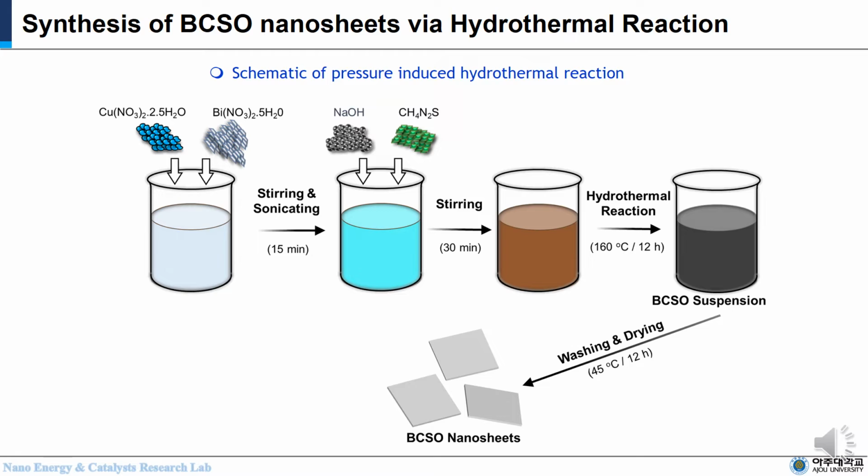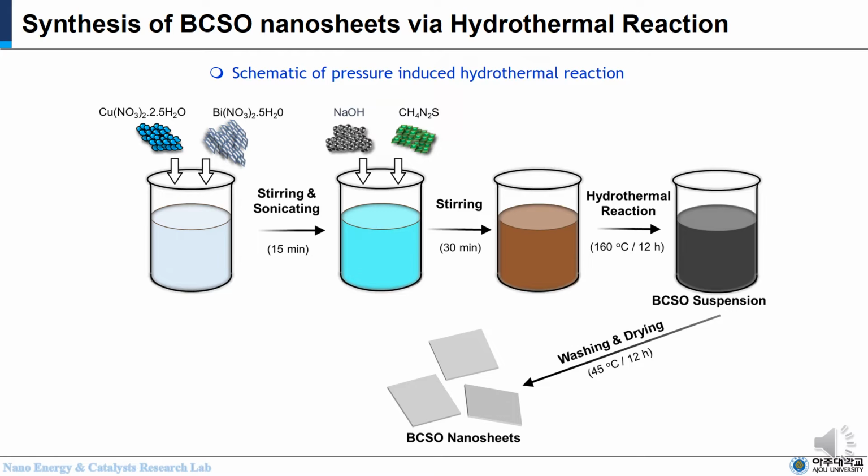Synthesis of BCSO nanosheets via hydrothermal method. The process of synthesizing layered BCSO nanosheets via the pressure-induced hydrothermal method is shown here. The copper and bismuth nitrates were dissolved in DI water, followed by the addition of thiourea and sodium hydroxide as a sulfur source and metal precipitating agent.